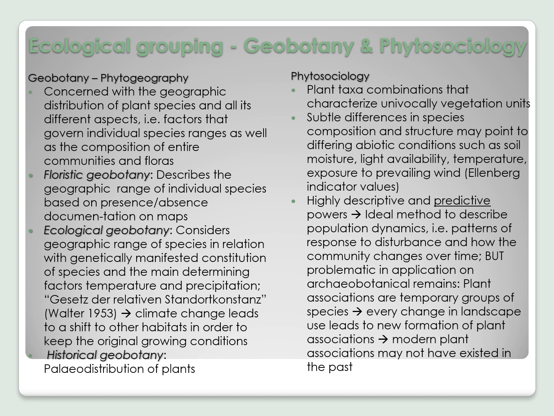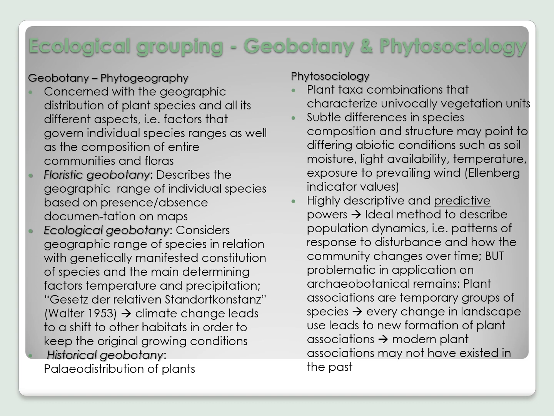As we have seen in the first lecture, there are a number of tools that allow structuring of our archaeobotanical data into ecological groups. These tools either derive from the scientific fields of geobotany or from phytosociology.